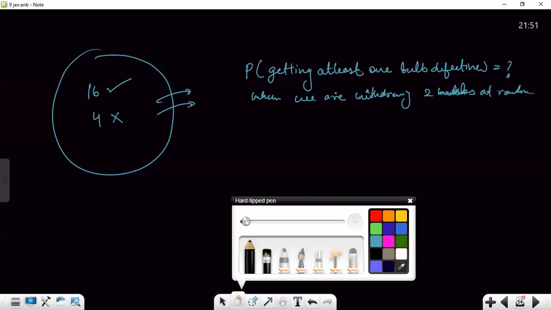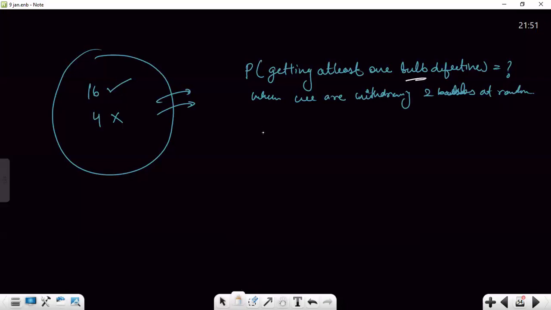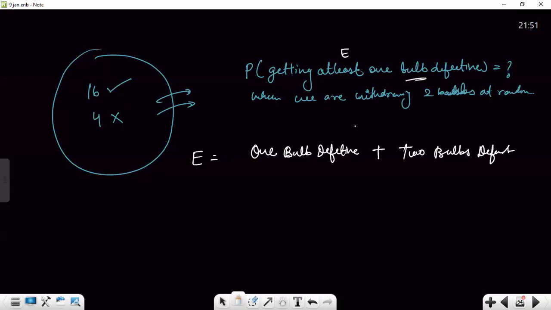So at least one bulb defective means one bulb is defective. The event includes, let's say this is the event, one bulb being defective plus 2 bulbs being defective. That's the favorable event.